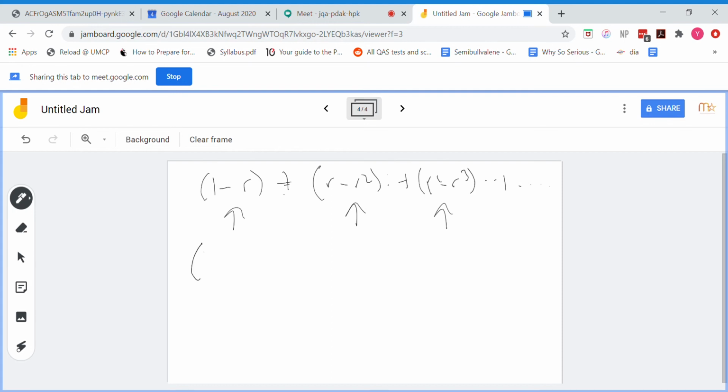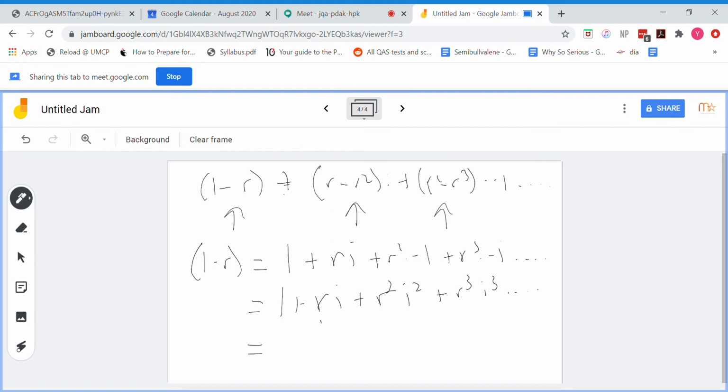So if we take out 1 minus R, this gives us 1 plus Ri plus R squared times -1 plus R cubed times -i, and so on. This equals 1 plus Ri plus R squared i squared plus R cubed i cubed, and so on.